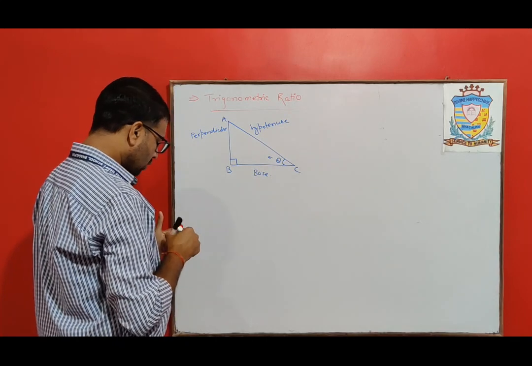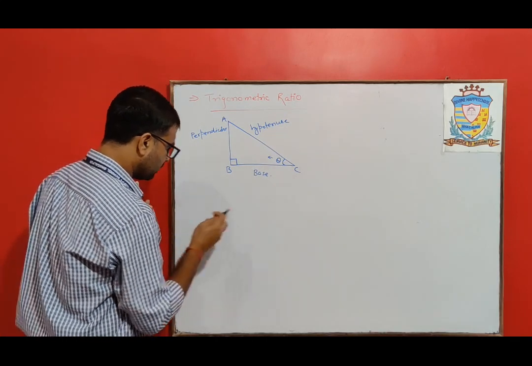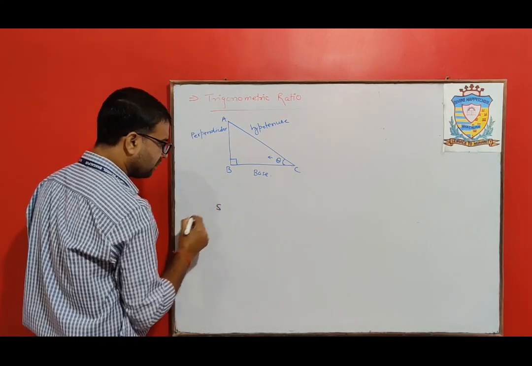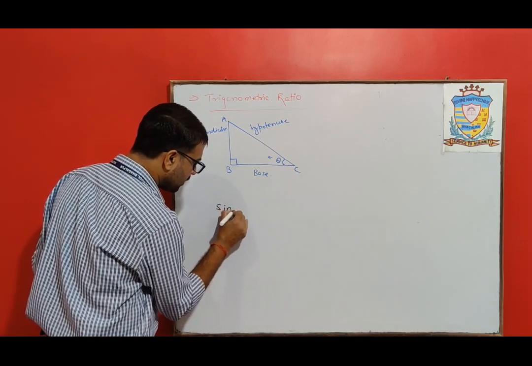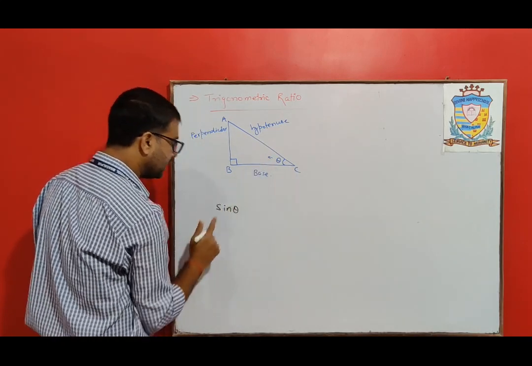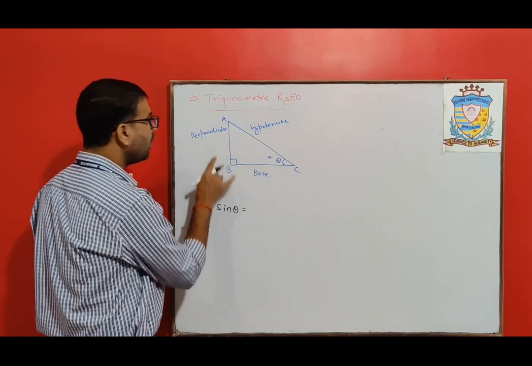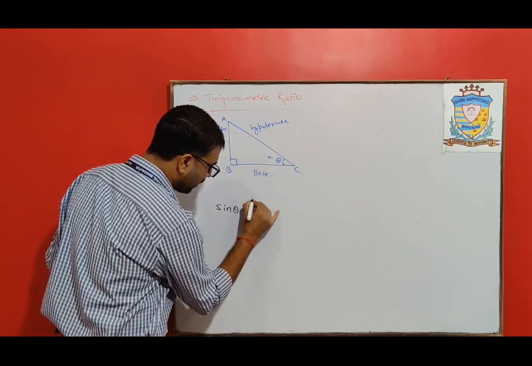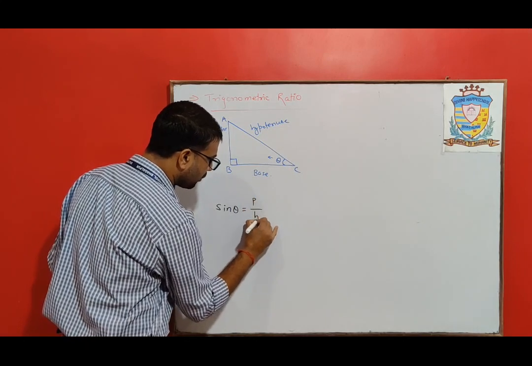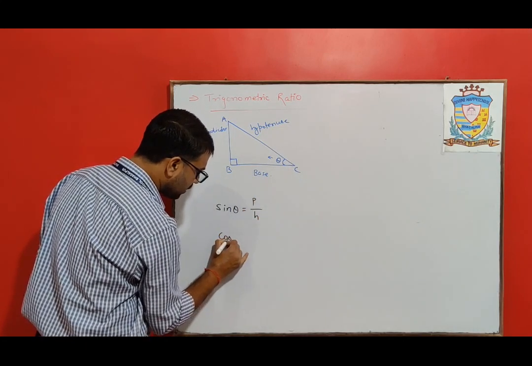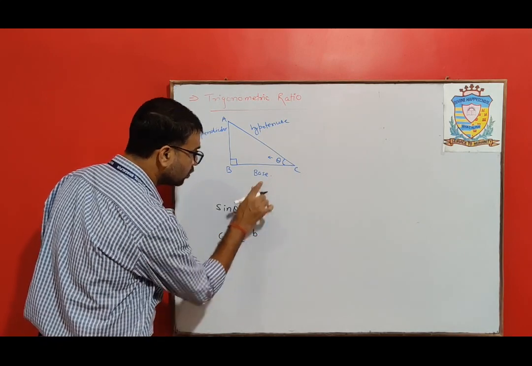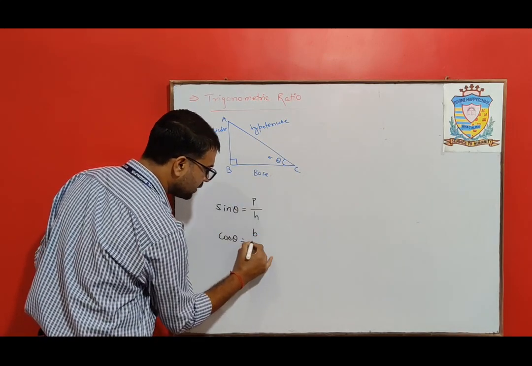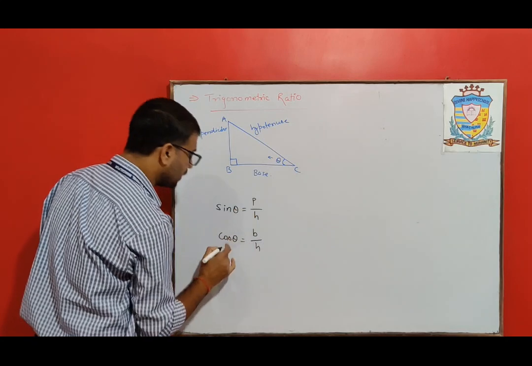Okay. So in trigonometry, we have 6 different ratios, that is sine of angle theta, which is equal to opposite side upon hypotenuse, or you can say perpendicular upon hypotenuse. Next is cos theta, which is equal to adjacent side, that is base, upon hypotenuse.